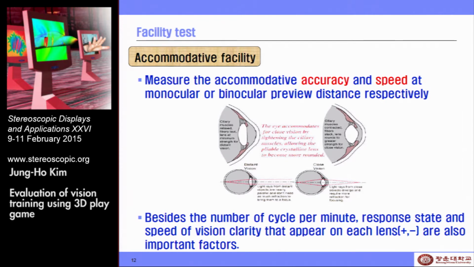Particularly because the test can obtain information about disturbance in accommodation of patients, it is often used in clinical settings. Besides, the number of cycles per minute, response rate, and speed of vision clarity that appear on each lens are also important factors.